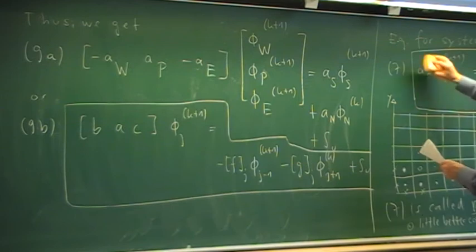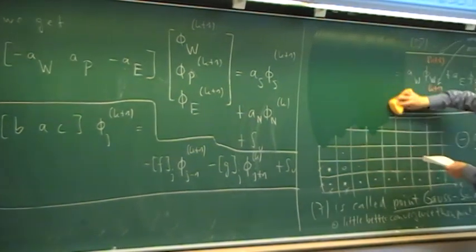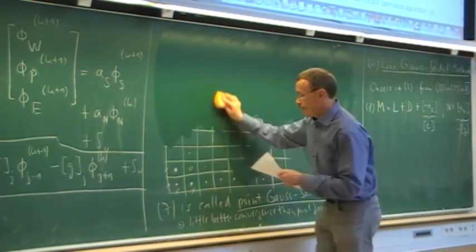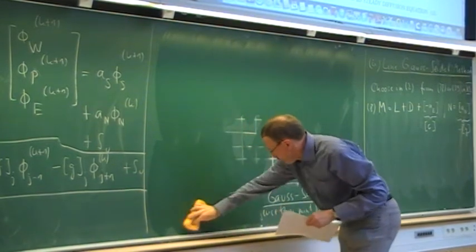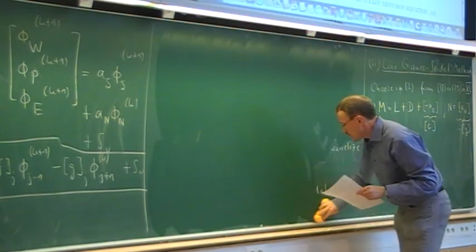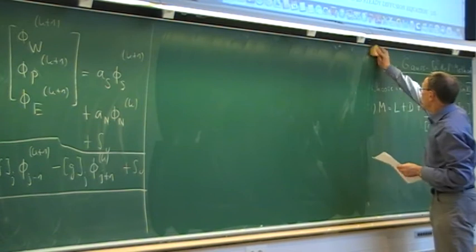And this is representing a tridiagonal system on one of these lines here. And since we can use the TDMA, we can do the solution by that efficiently.